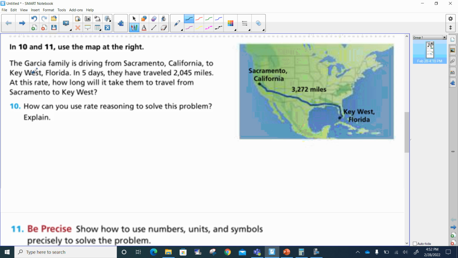Now remember, they've gone from Sacramento to Key West, Florida, right? And they said they're taking 5 days to do it, and they've traveled 2,045 miles. In 5 days they traveled this.